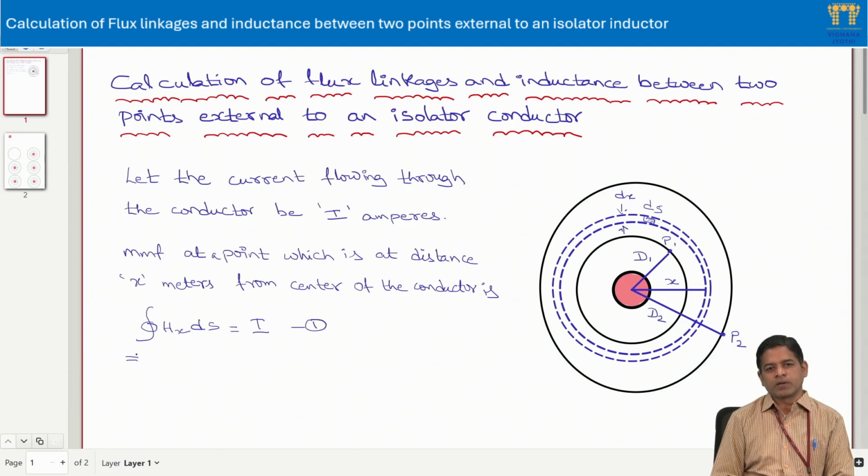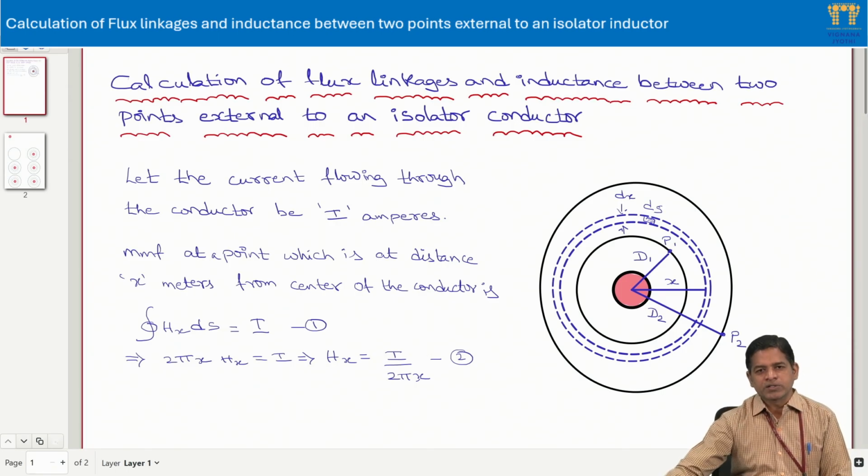Then if I integrate this around the closed path of the tubular element, I get 2 pi x, which is the circumference of the circle, multiplied by Hx, that would be equal to I. Now from this I can write Hx is equal to I by 2 pi x. Let this be equation 2.